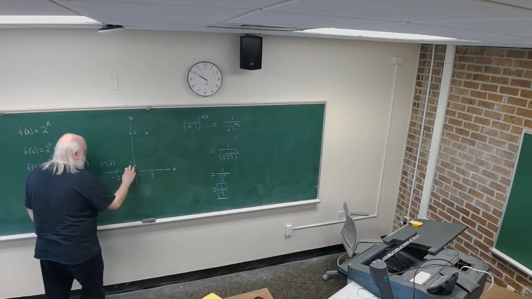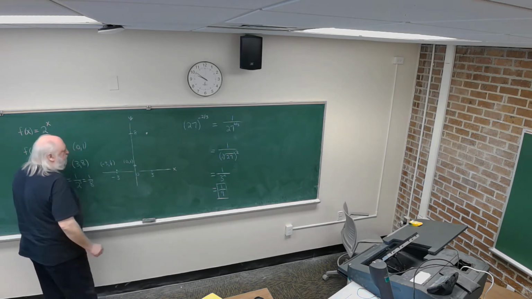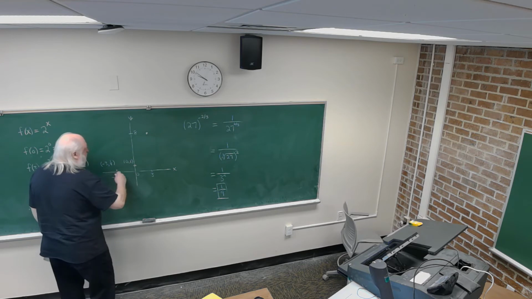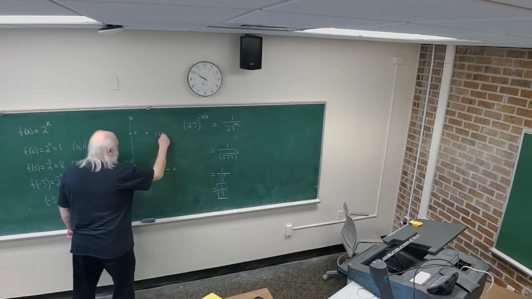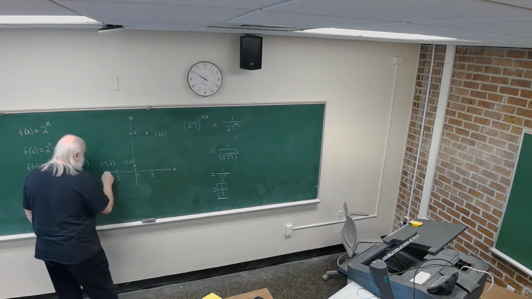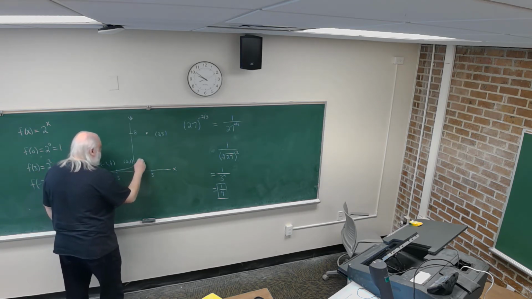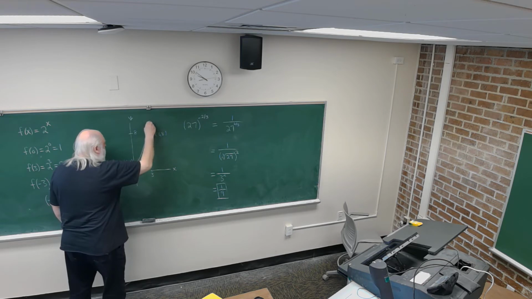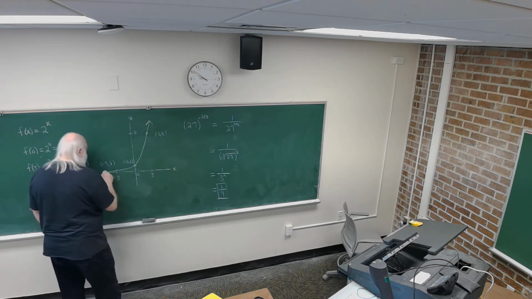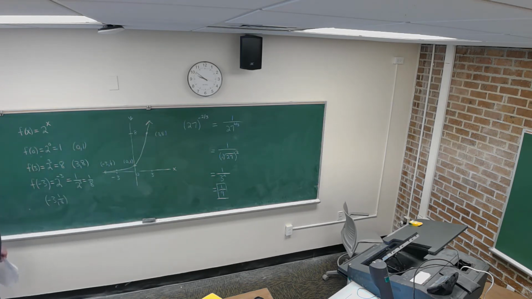Here's the point (0, 1), that's the y-intercept. And here's the point (3, 8). And so when you connect the dots with a smooth curve, you see that the graph of this exponential function looks like that. Any questions on that?